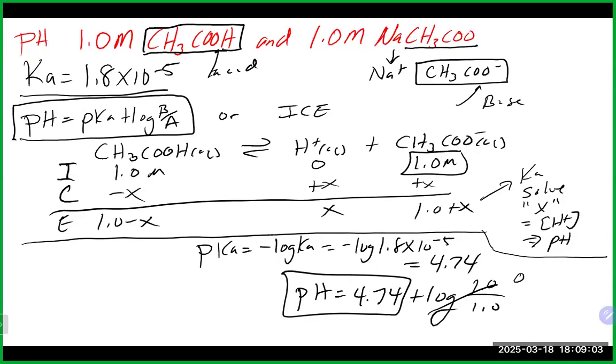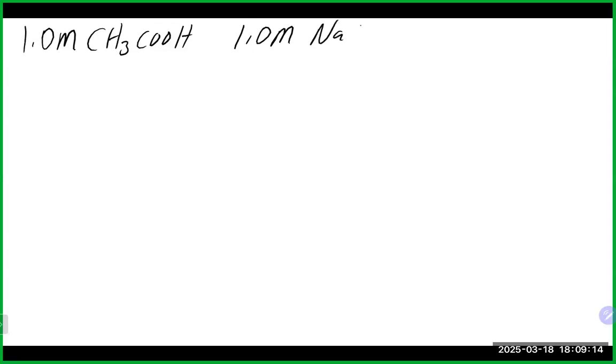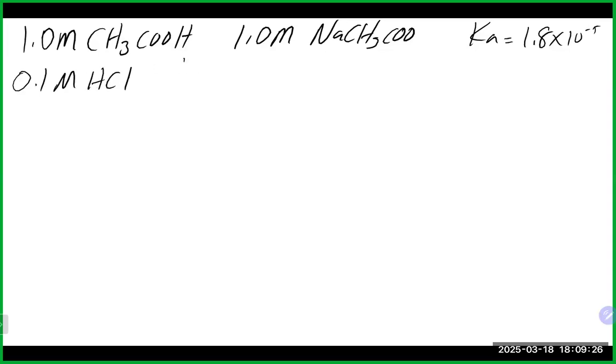All right, so let's see what happens here. We're going to take our same buffer. We've got our 1 molar acetic acid along with our 1 molar sodium acetate, and it has the same Ka value, 1.8 times 10 to the minus 5. Again, we're going to add 0.1 molar HCl to it, and again we're going to assume everybody has 1 liter volume.